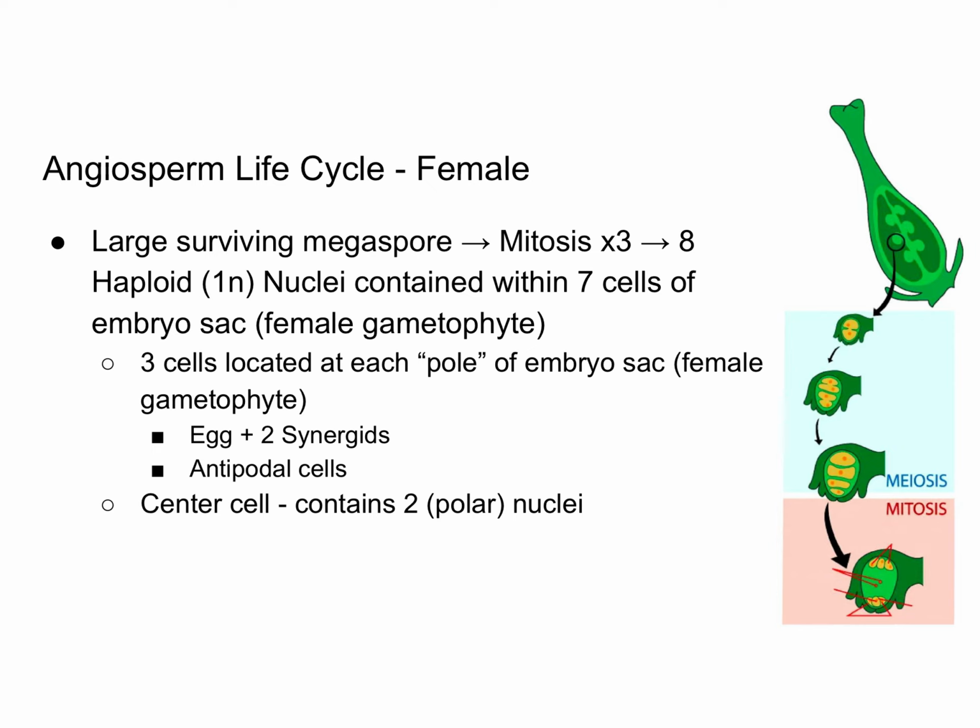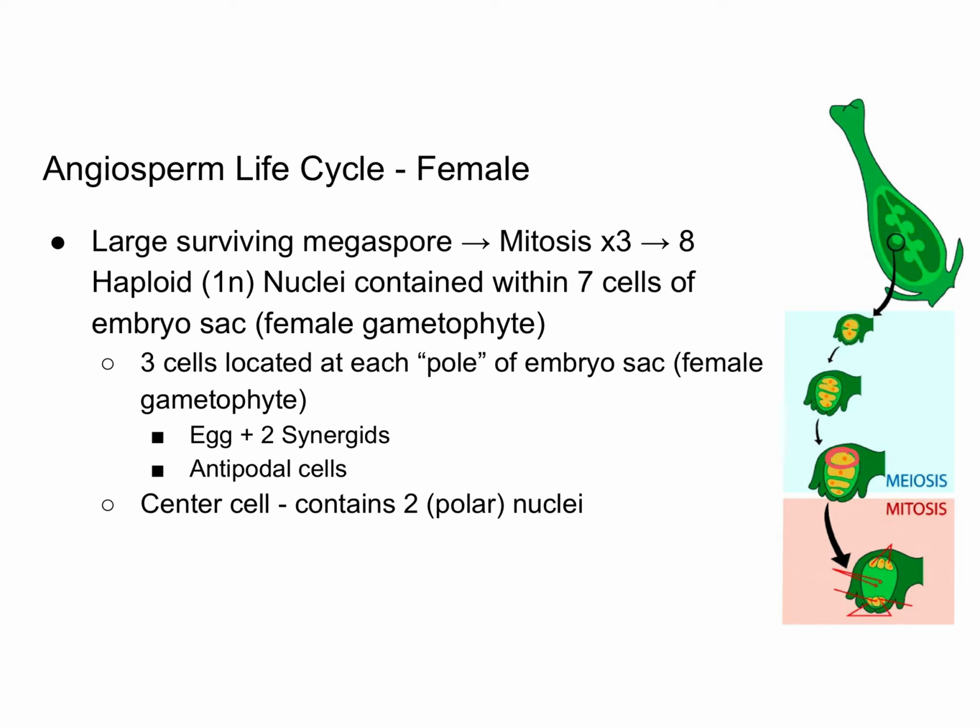So that one surviving megaspore, the one that we talked about on the previous slide, is going to go through mitosis 3 times. Interestingly, this mitosis is going to result in the formation of 8 haploid nuclei, but we're only going to end up with 7 cells. So one of these cells is going to end up with 2 haploid nuclei in it.